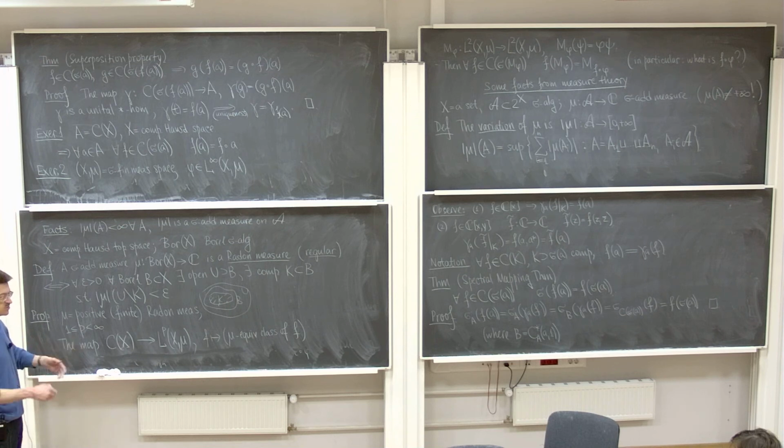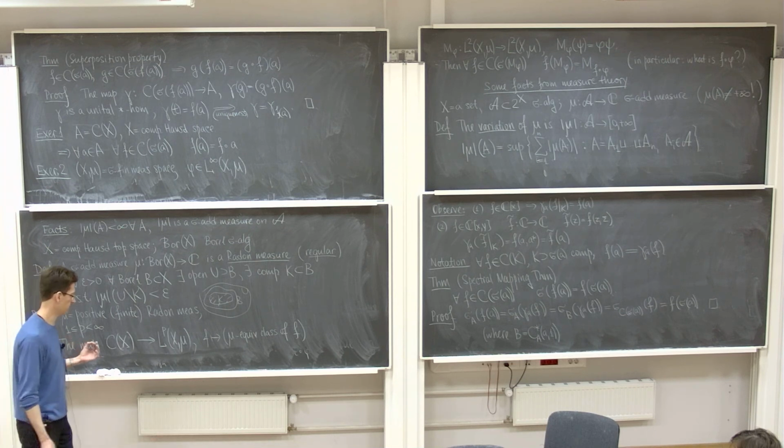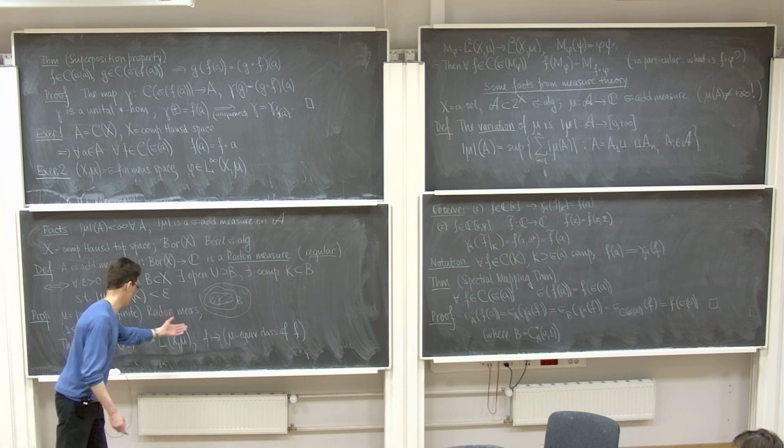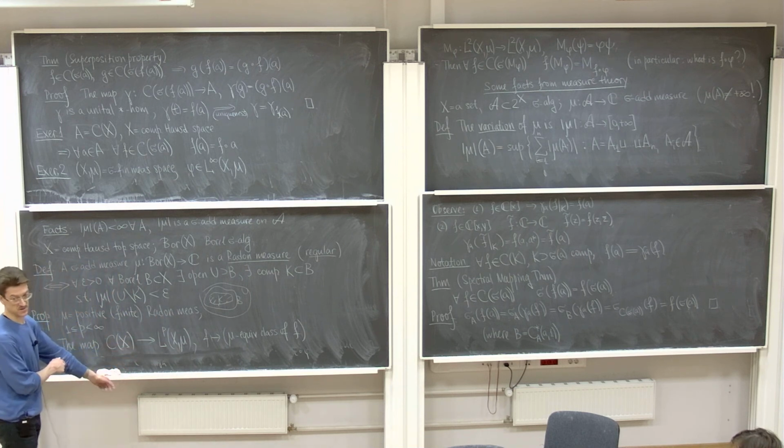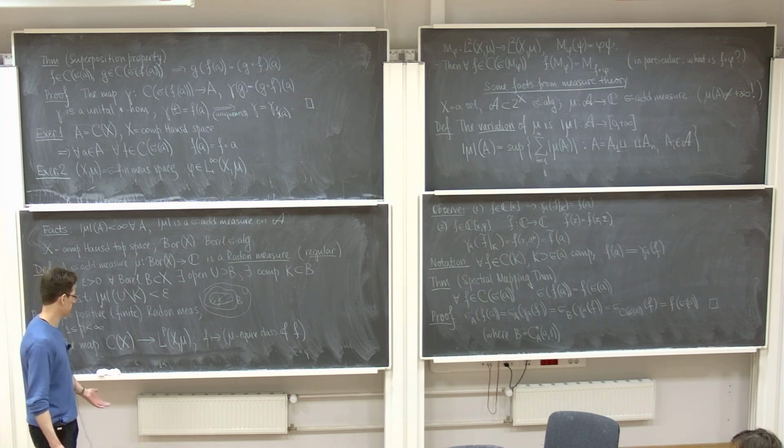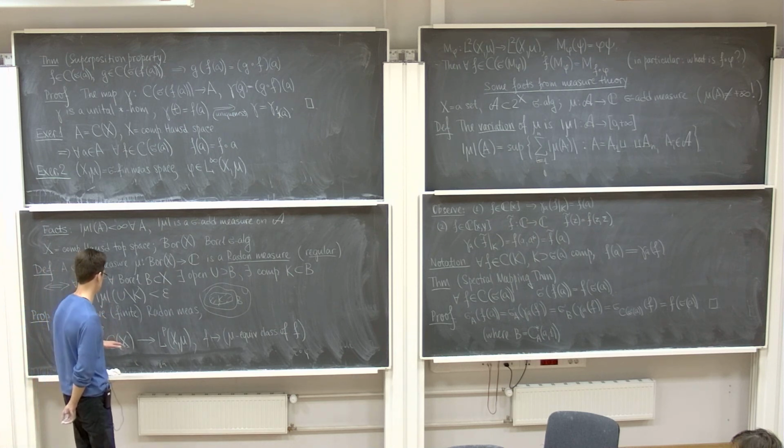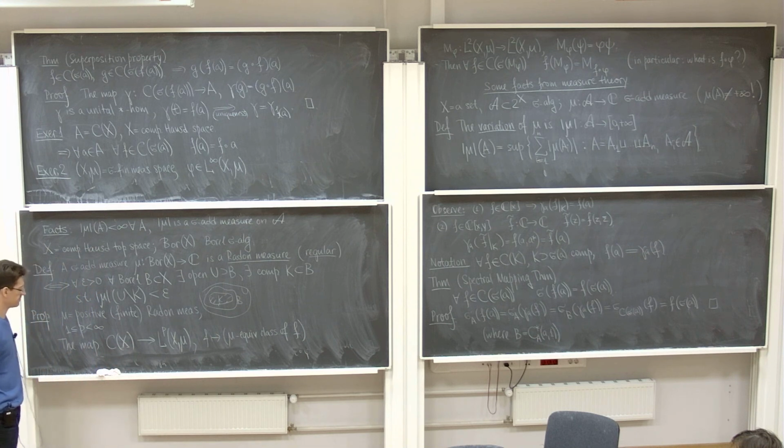For example, if mu is the Dirac measure, which is concentrated at a single point, then the big L^p space is not very big. And so this map is not injective. But on the other hand, if we take the Lebesgue measure on a finite interval on the real line, since X is compact, then this map is injective.